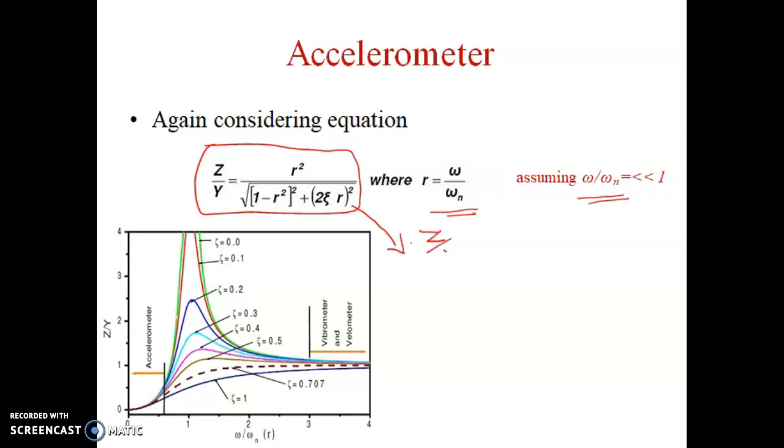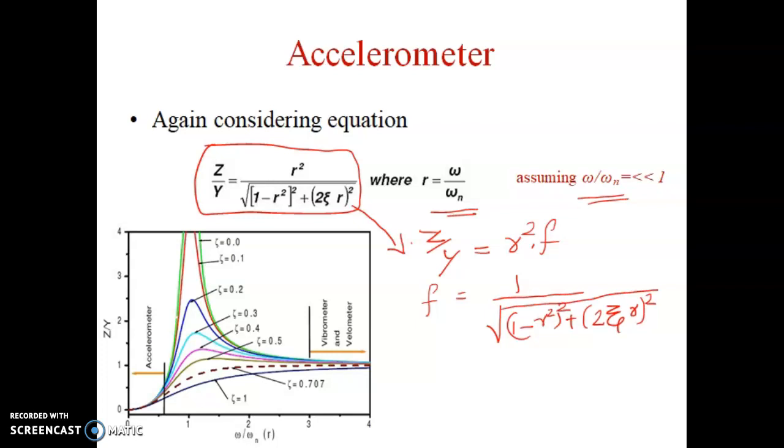Z by y is equal to r square into f, where f is equal to 1 by root of (1 minus r square) the whole square plus (2 theta r) the whole square.